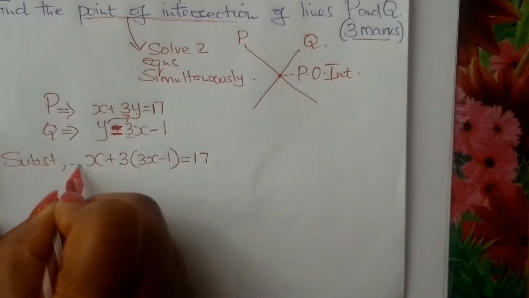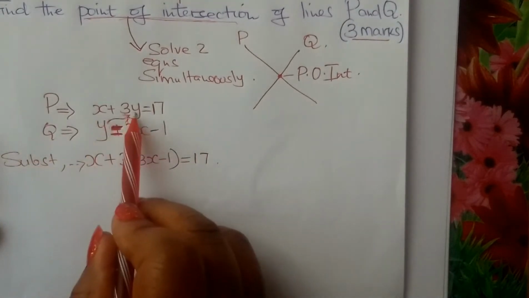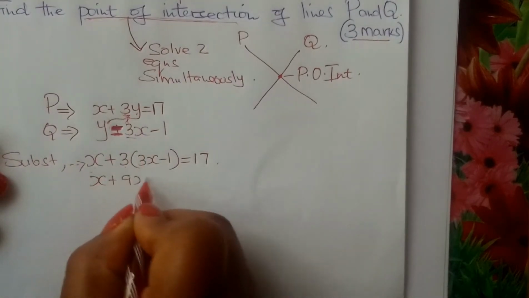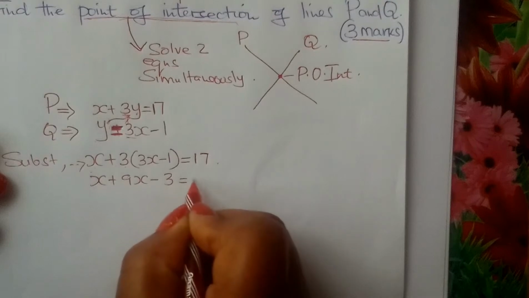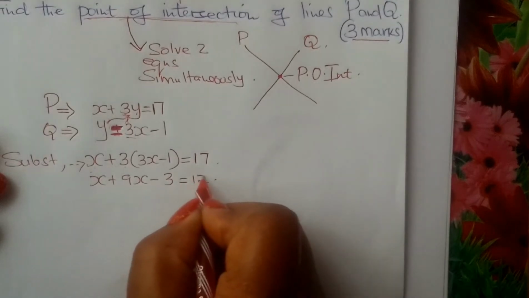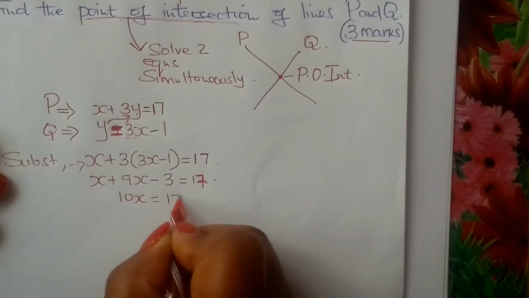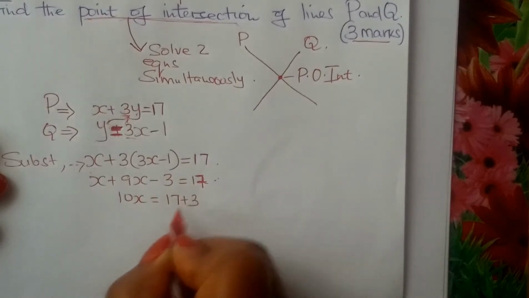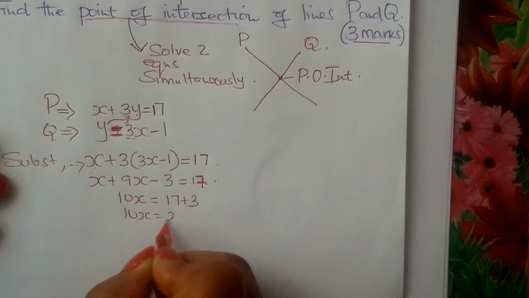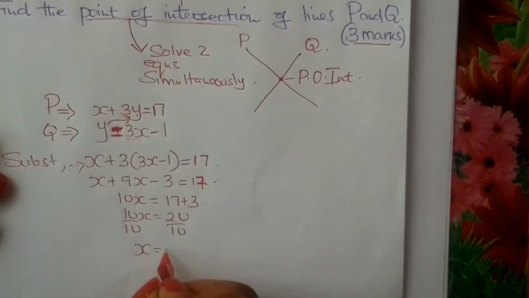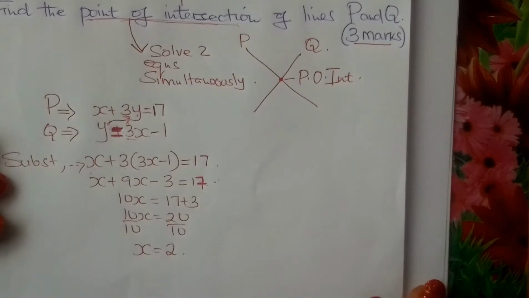We have substituted y in the first equation, and therefore you remove the brackets. This is 9x minus 3 equals 17, and therefore 10x equals 17 plus 3. 10x equals 20, and therefore divide by 10, your x, learner, is 2, the x of the point of intersection.